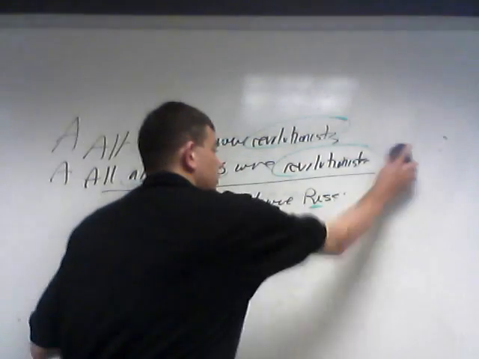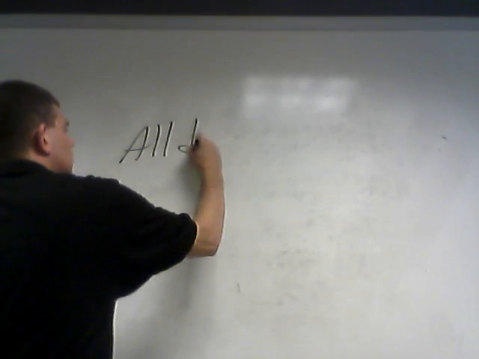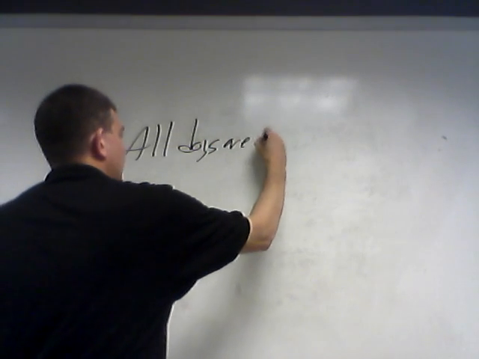Let's take a look at another syllogism. I hope you find this helpful. Any term distributed in the conclusion must be distributed in the premise. What on earth does that mean? Let's do one. All dogs are mammals.